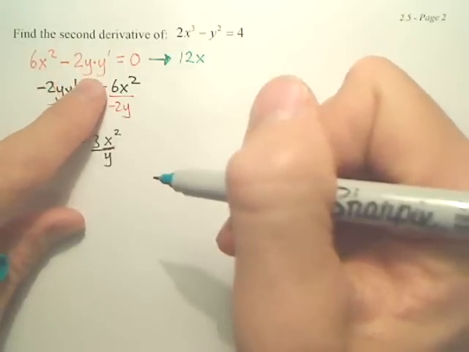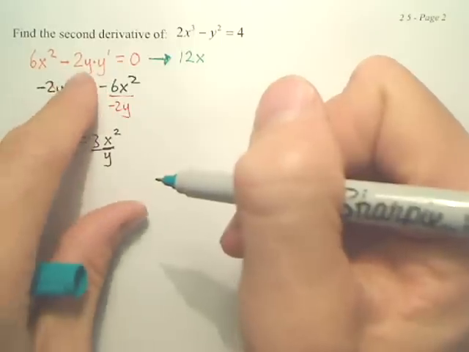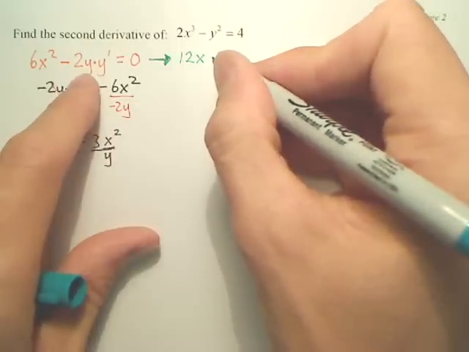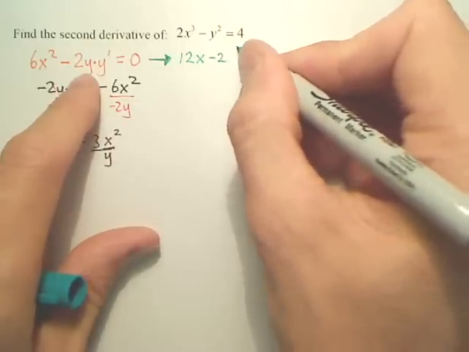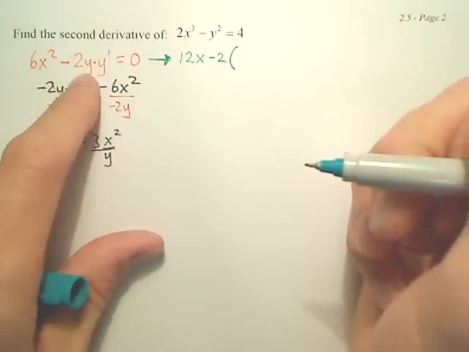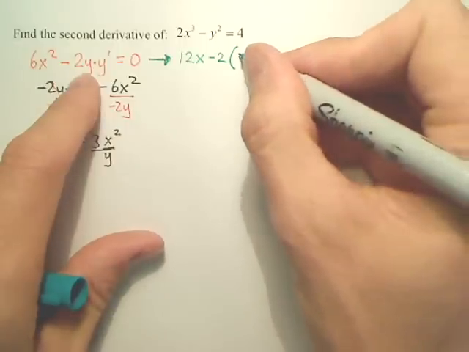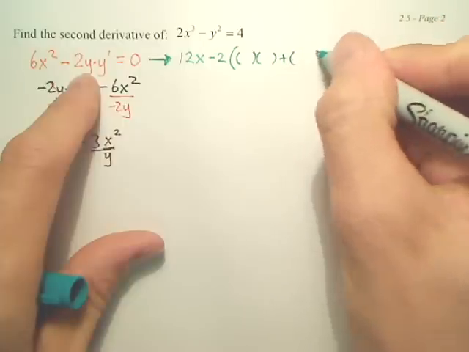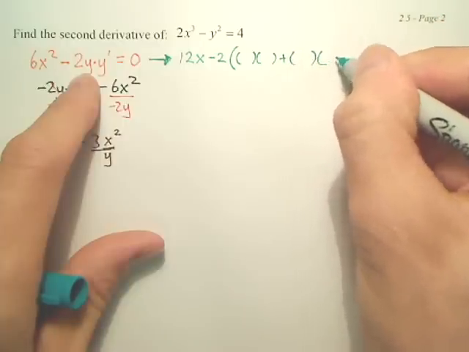Now, do you see a product rule here? Are you okay with that? Now, can I put a negative 2 and then put parentheses for the product rule? And for the product rule, I'm going to have something times something plus something times something.